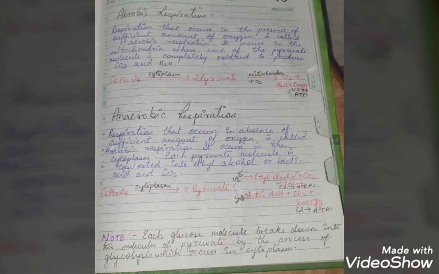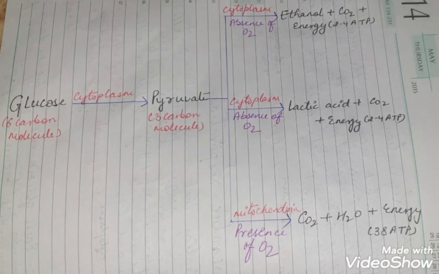This can be understood in a better way. I have displayed a flow chart in front of you. Now this flow chart shows you that the glucose is split into pyruvate in the cytoplasm. Now if the pyruvate is converted into ethanol, carbon dioxide and energy, this will take place in the cytoplasm only, in the absence of oxygen.